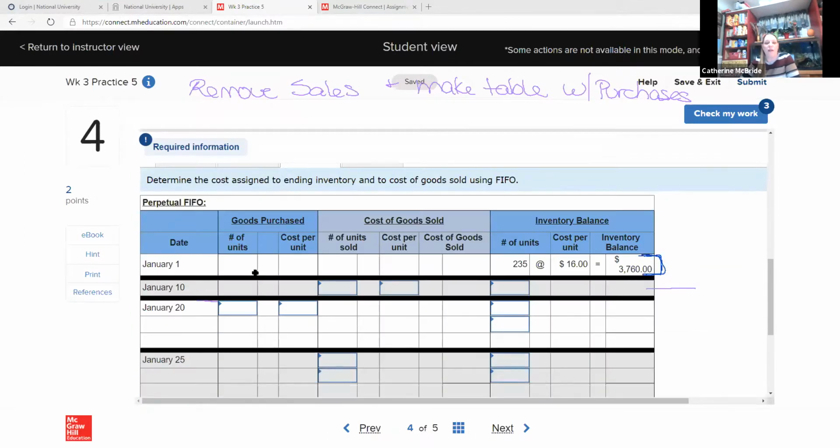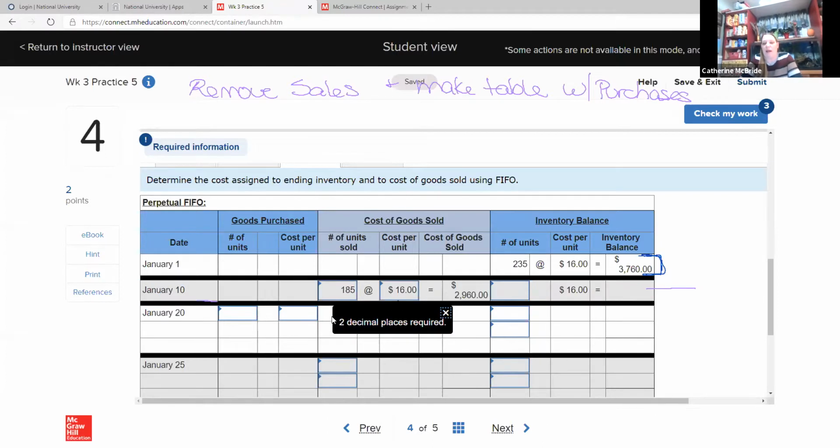So I'm going to go down here and say, okay, I sold 185 units. Now, it's first in, first out, but we only have one layer, so it doesn't matter. I had to have sold the ones that are $16 per unit because that's all I have.